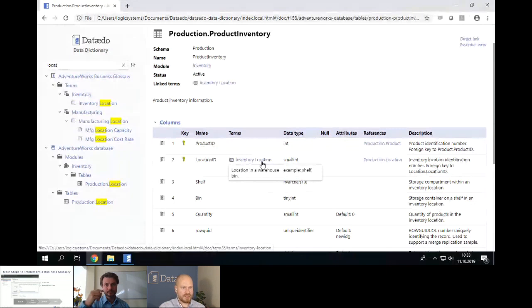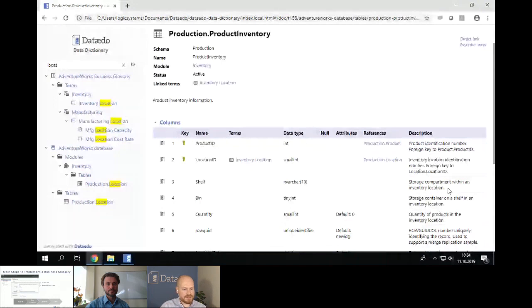Okay, and number 4 would be that the separation of the data dictionary and the business glossary and the ability to link the two, like you've seen over here, provides much better communication between business and IT. So IT can focus on those technical definitions, what are the foreign keys, constraints, and the meaning in a specific application-specific context.